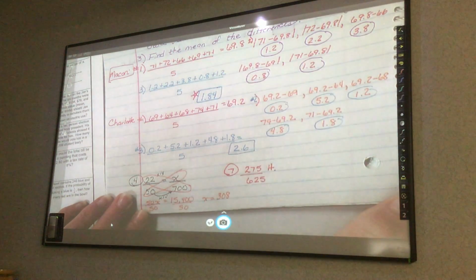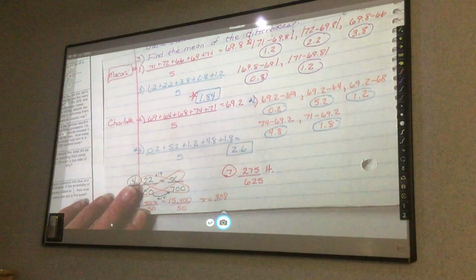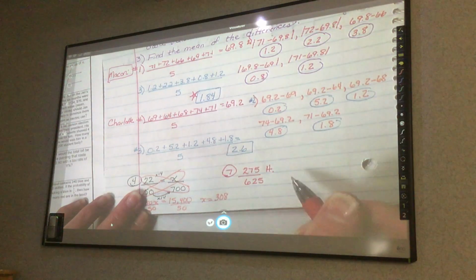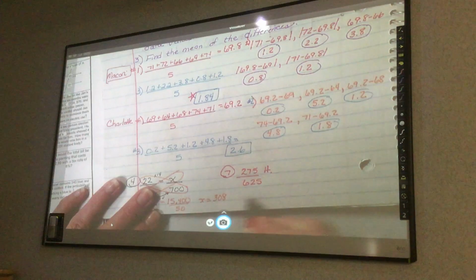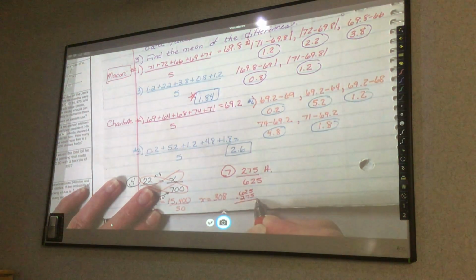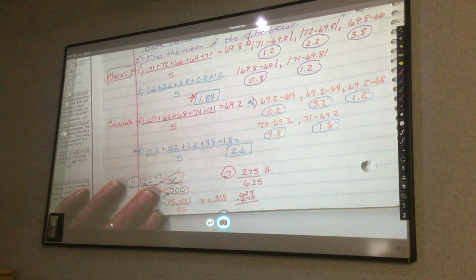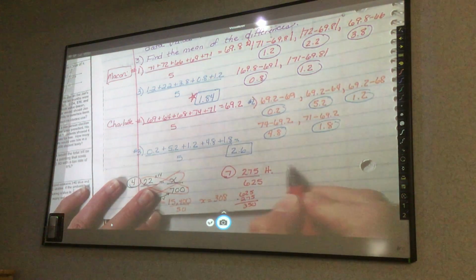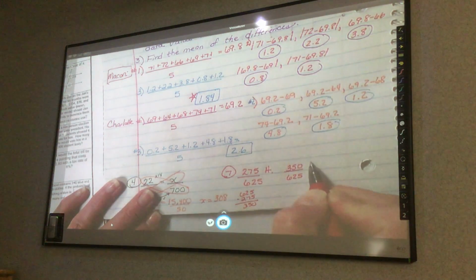So we need to figure, well, I guess you can do it a couple different ways. How many figured what was the other amount for tails then? Okay, so then you did 625 minus 275, correct? And that would be what? 350.